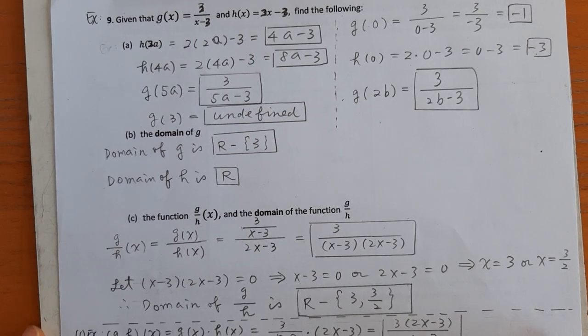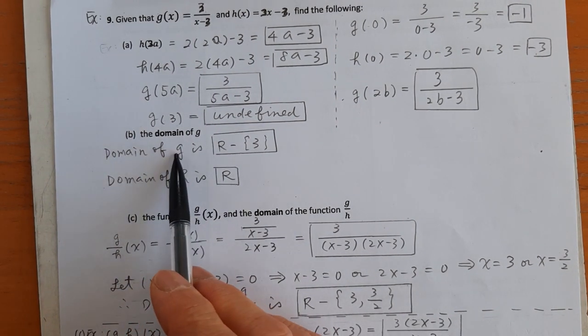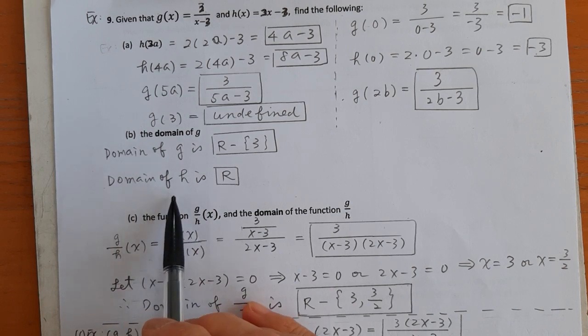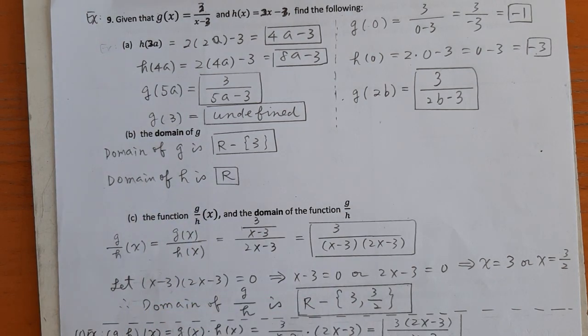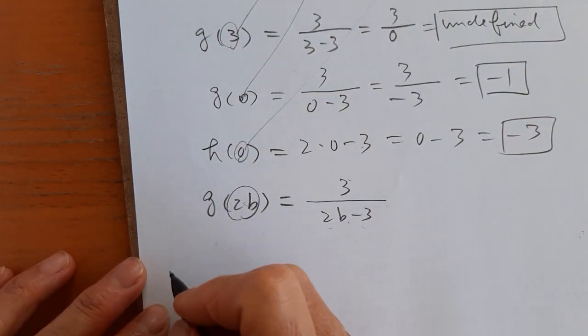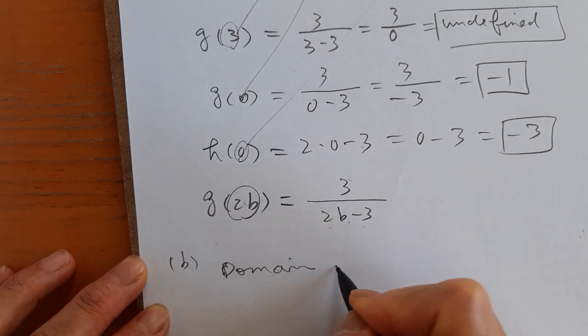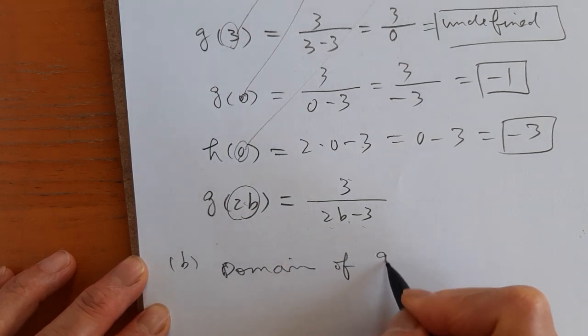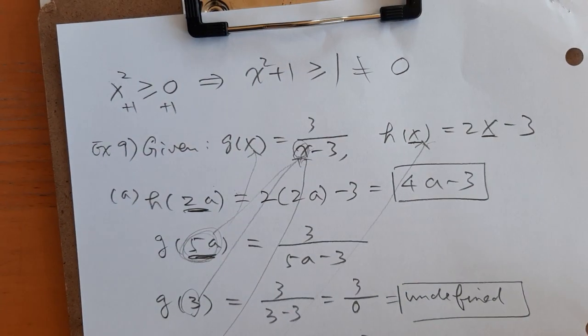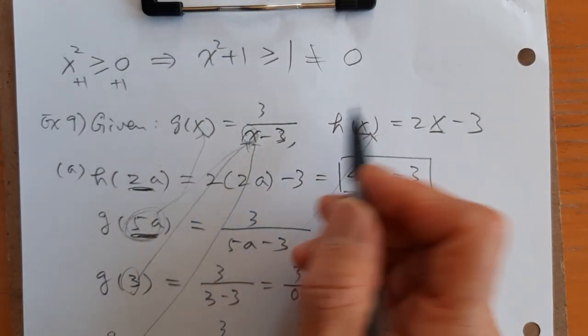The next. And find the domain of the g function and the domain of the h function. So B, domain of the g function. The g function is 3 over x minus 3.